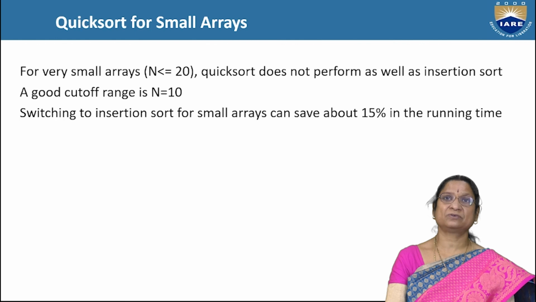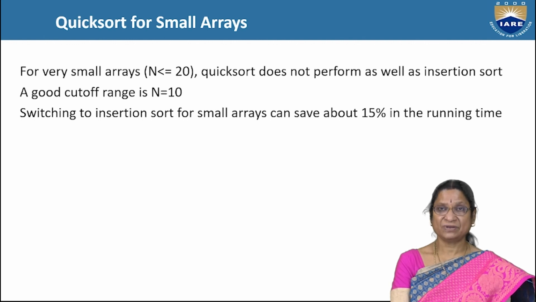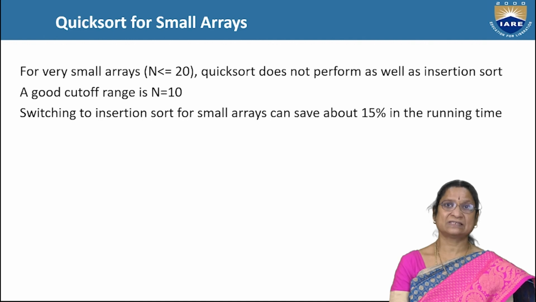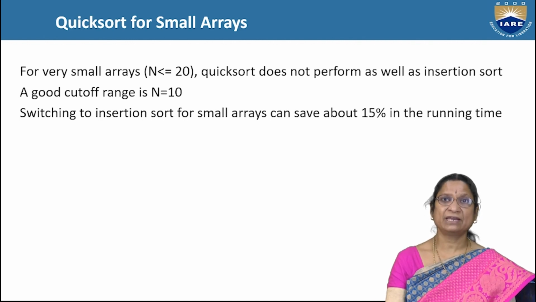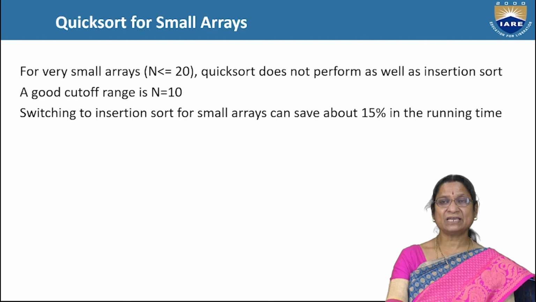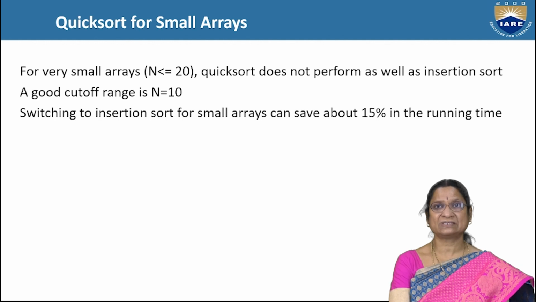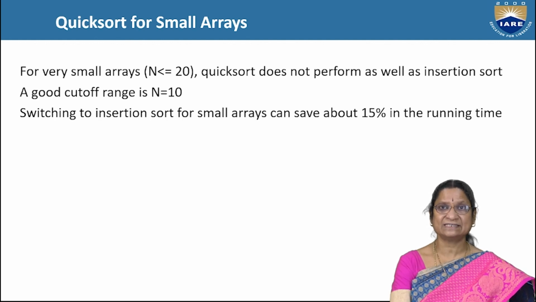So better use insertion sort or some other sorting technique for smaller values instead of quicksort. Quicksort gives optimistic results only if the size of the array keeps increasing, for larger sizes. For smaller sizes, it doesn't give much effectiveness actually. So quicksort must be used for larger numbers of key values, that is, when n is greater and going on increasing.